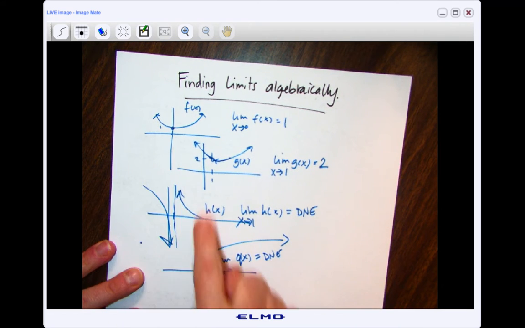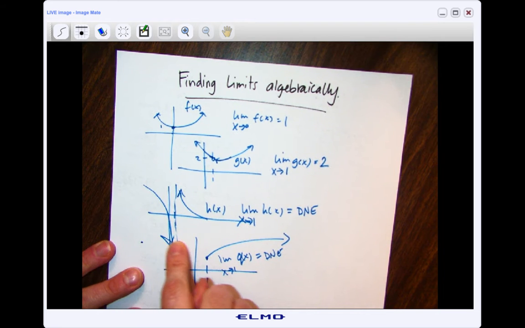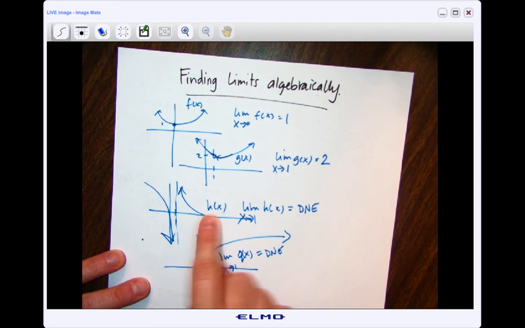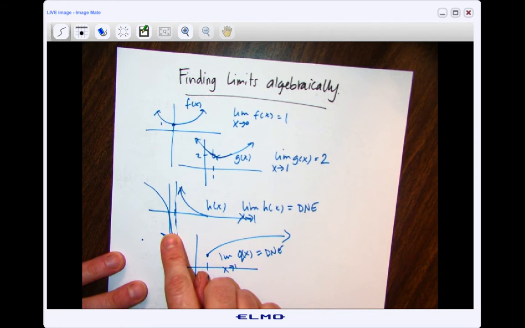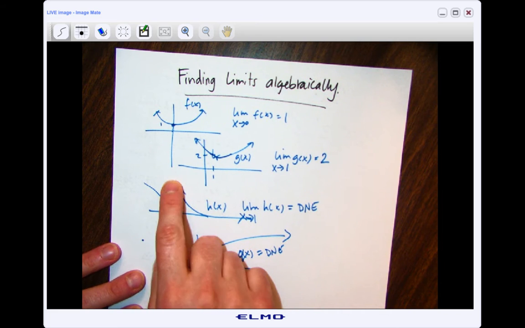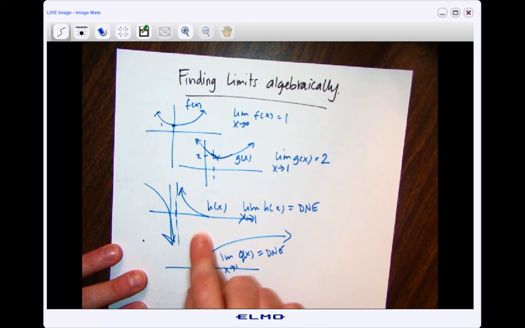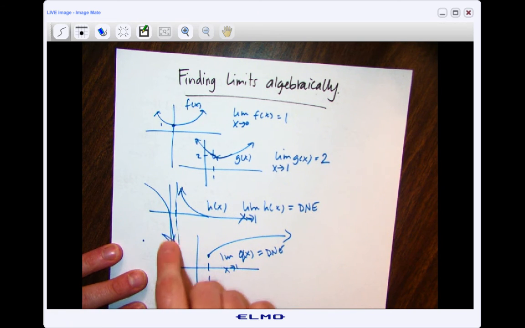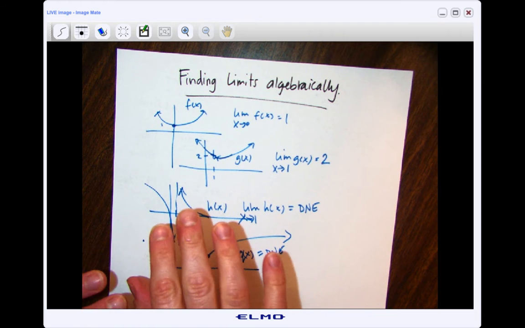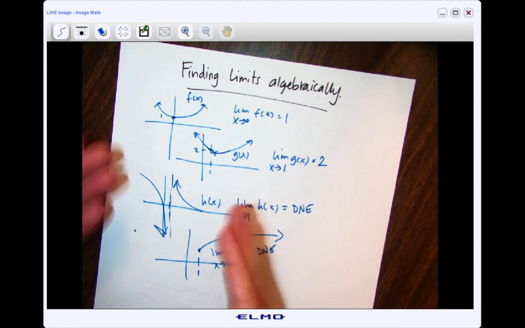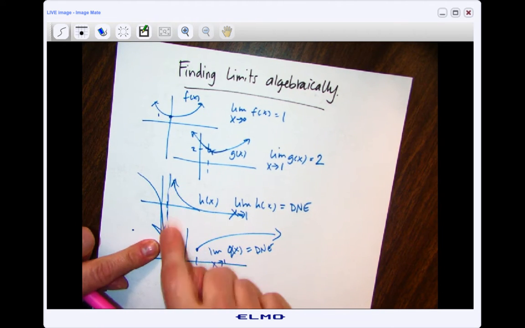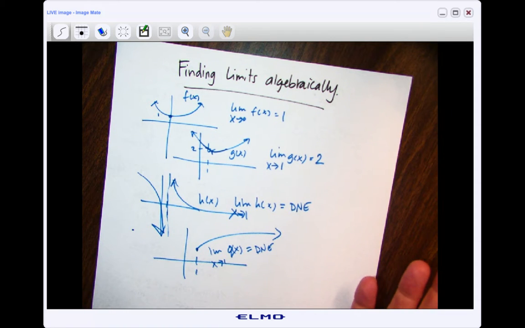So this, we said, was a non-removable discontinuity because I can't redraw this graph without the discontinuity, without changing everything about who he is, right? You'd have to eliminate this asymptote, and then he would be a completely different picture.